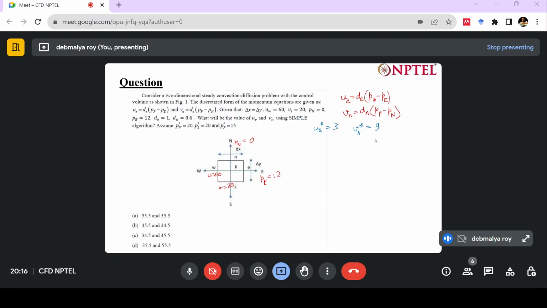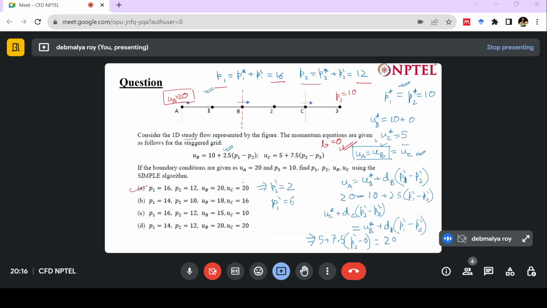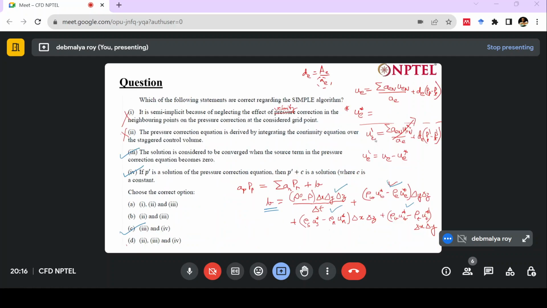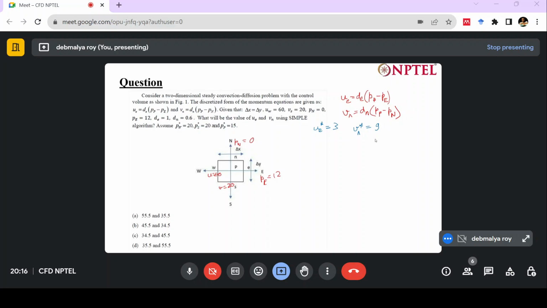So here also it is a steady problem, and we take help of this particular expression. Here we will have AP.